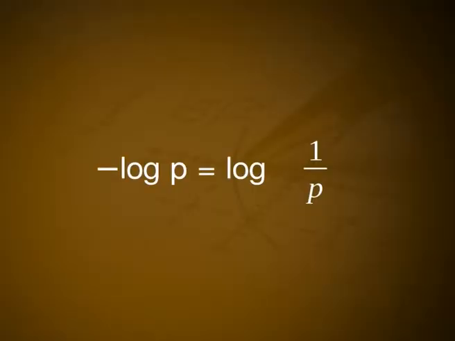If P is the probability of occurrence of an event, then the information contained in a statement asserting the occurrence of the event is minus log P equals log 1 by P. Here, the logarithm is taken with base as 2.